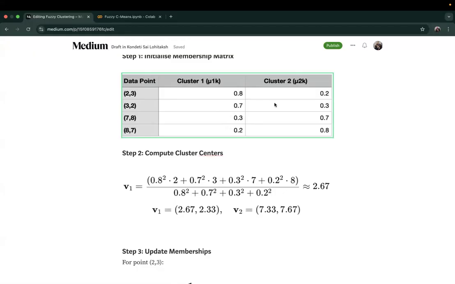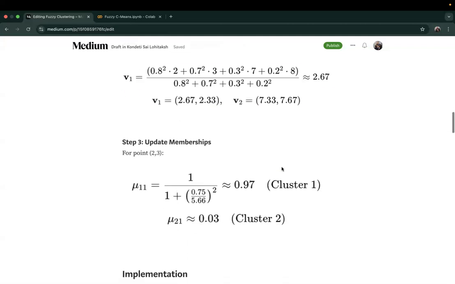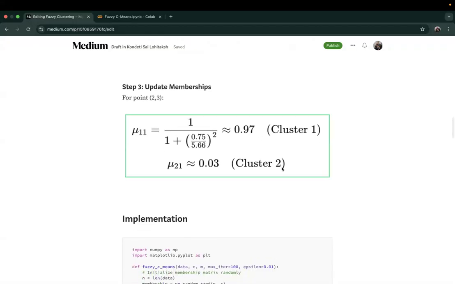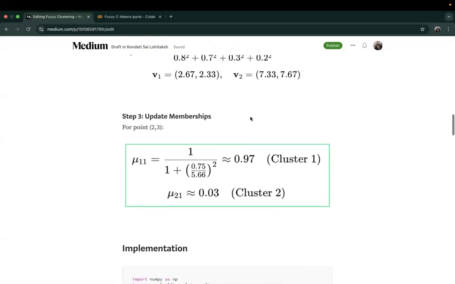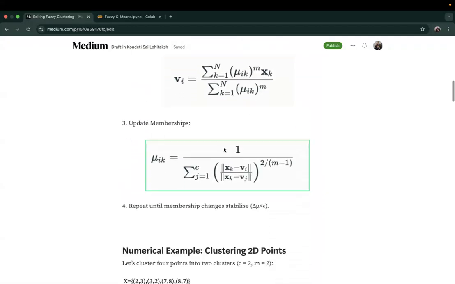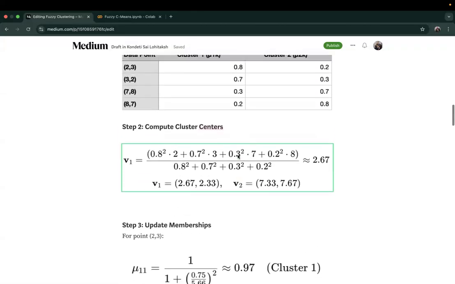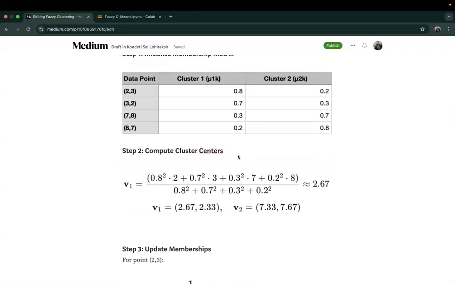We do the same thing in cluster 2, so we get 4 centroids or centers, whatever you call them: 2.67, 2.2, 2.33, 7.33, and 7.67. Now, updating memberships. For updating memberships, we use this formula, but before that, we find the distances between the data points and the centroids.